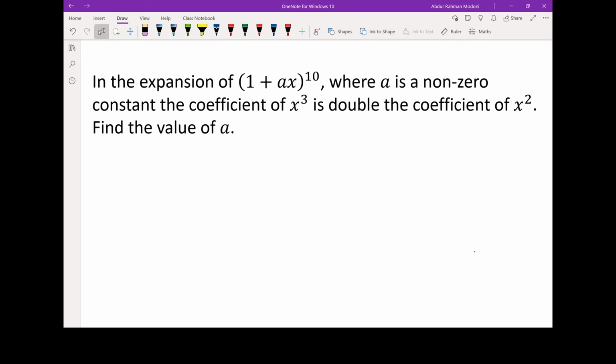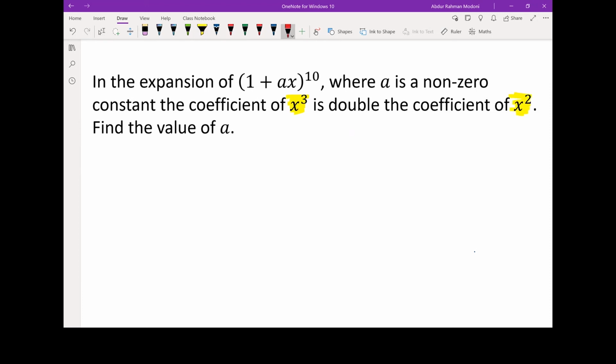So if you look at this example here, we are looking at this expansion. It hasn't asked us to find the full expansion, has it? It hasn't asked us to find out the first 3 terms, 4 terms, or any of that. It simply wants us to focus on the term with x cubed in it and the term with x squared in it.